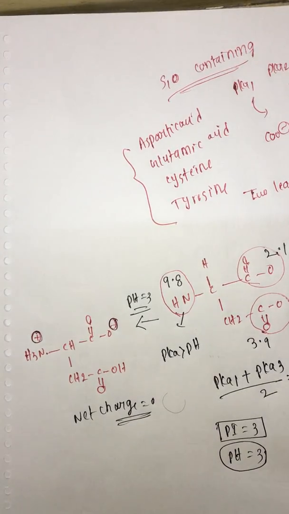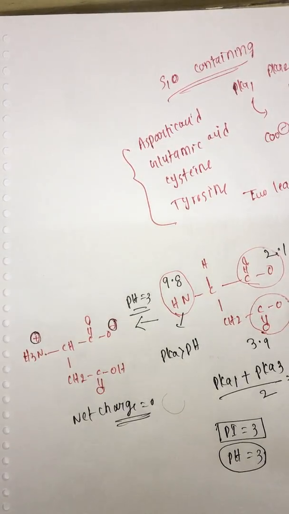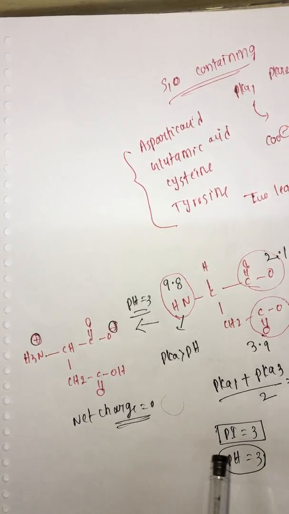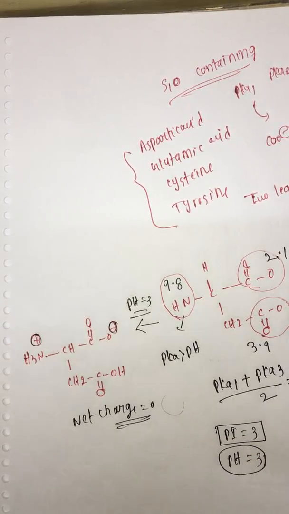So for these four amino acids we can take the two least pK values, and from there we will get the pI value. You can cross check whatever pI value you get, how it exists at that particular pH.